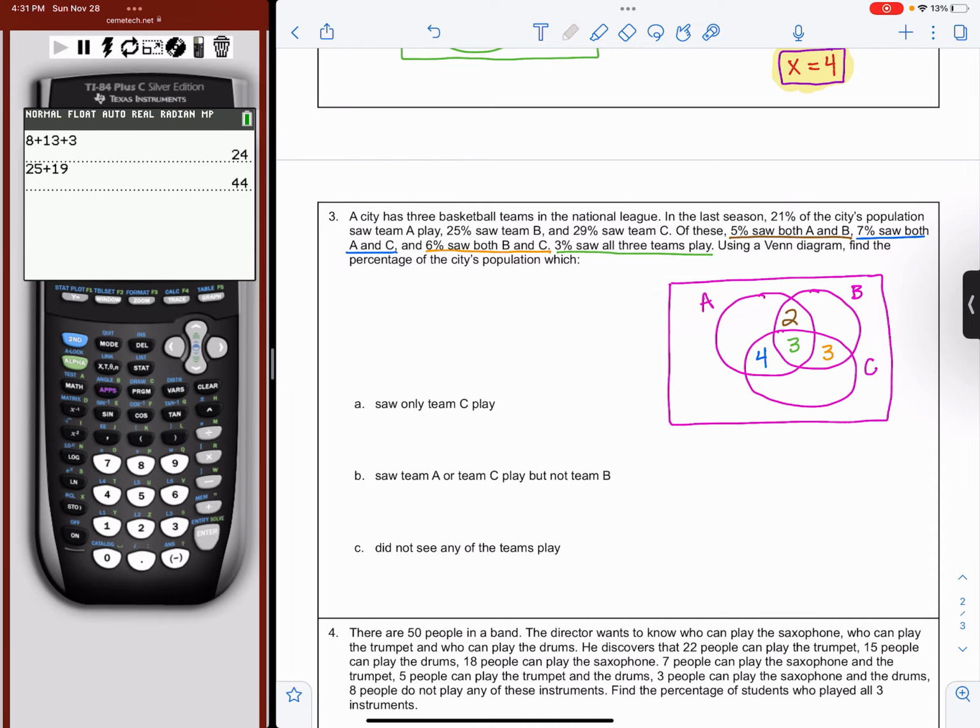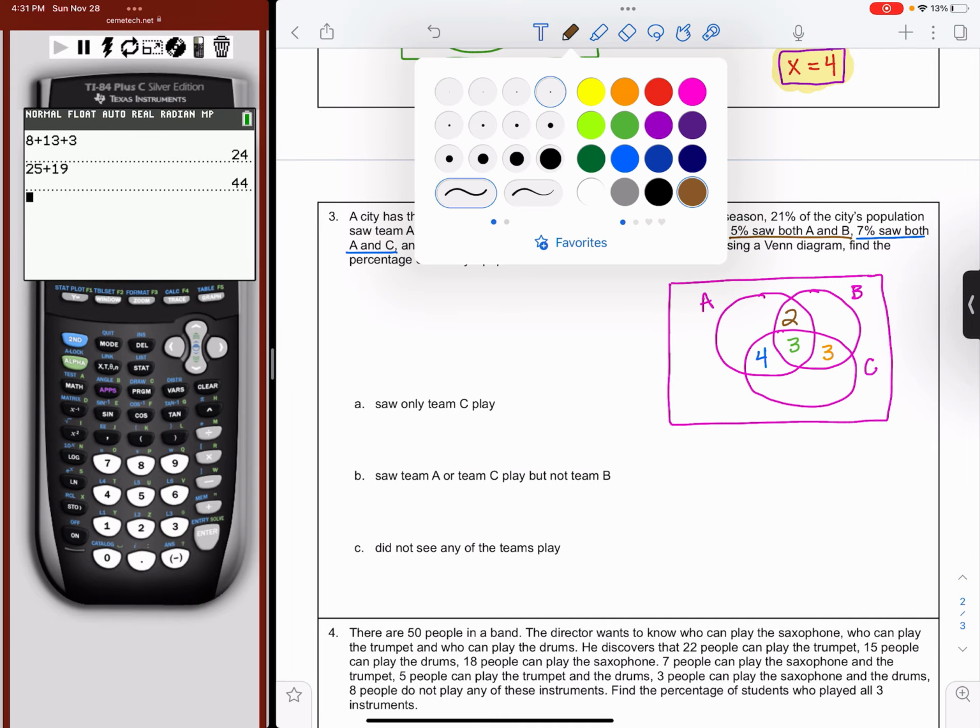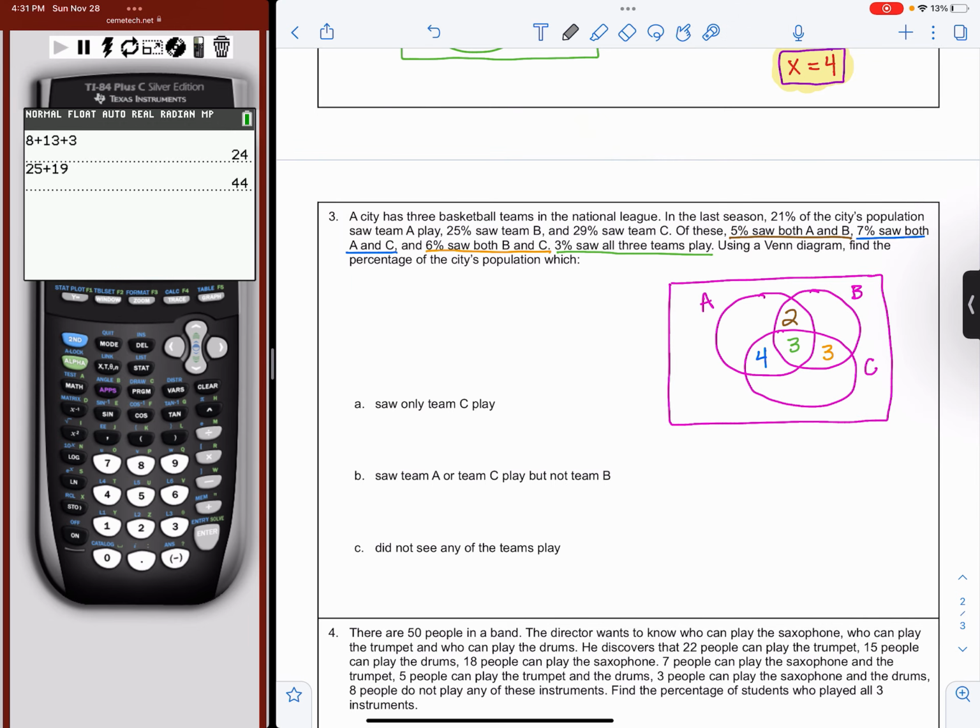And then now we can go back to where it says that we have our totals. So for our totals here, it says that 29% saw Team C. So if I know that 29% saw Team C and all, I can take 29 and subtract 3, 3, and 4. So I'm subtracting 10. And 29 minus 10 is 19.